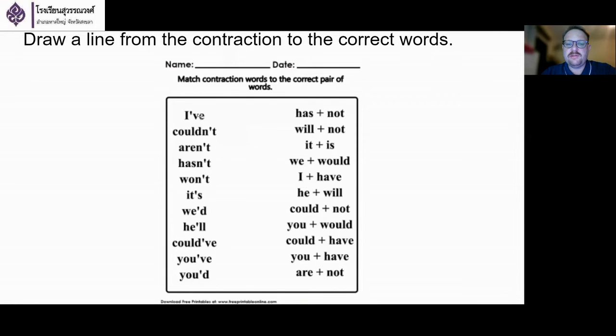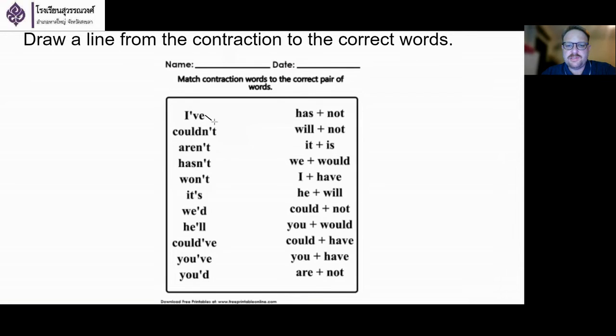What do we know about VE? It came from have, I have. So remember those V. What other words have V? Have, I have. Where is it? Oh, I plus have.